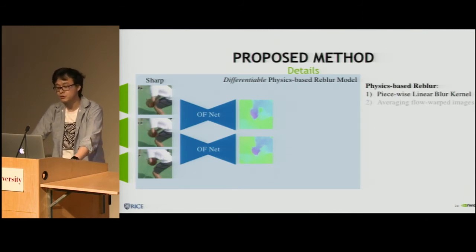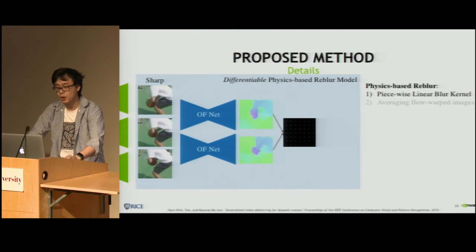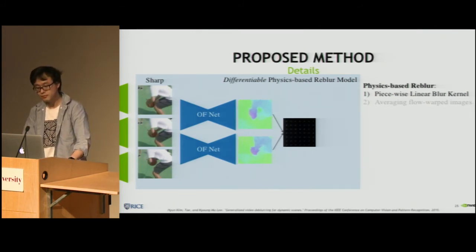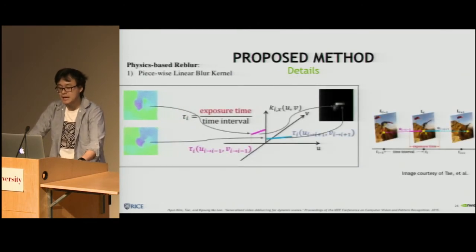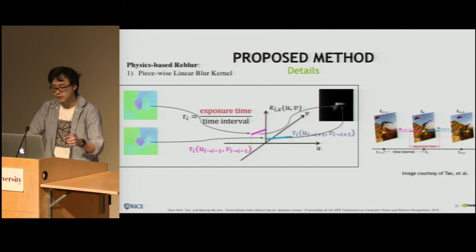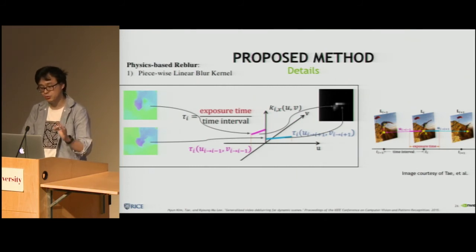The first approach we tried is roughly based on the work by Tay et al. In this approach, pixel-wise blur kernels are generated from the optical flow field. In particular, Tay's model assumed that at each pixel location, the movement of a point can be approximated as a linear movement.